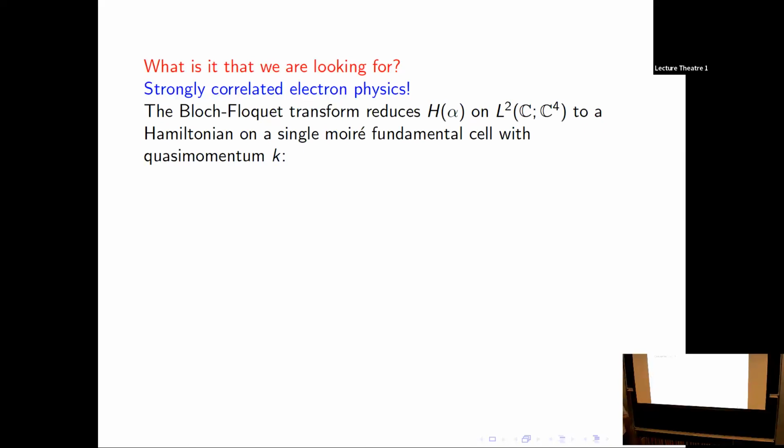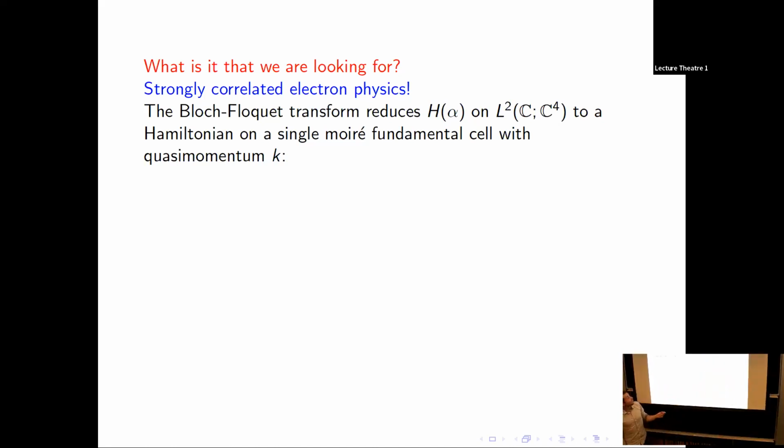Okay, so if I have a periodic Hamiltonian, there's one reduction that everyone either knows or maybe doesn't know, if you've never taken a course on solid state physics: the Bloch-Floquet transform, which transforms the Hamiltonian, which is originally defined on this space, right? Because of the differential operator on the plane. So it's defined on this space.